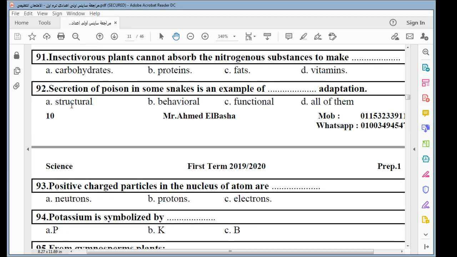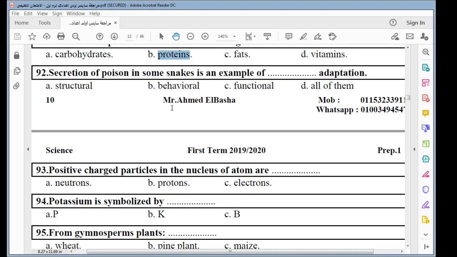91. Insectivorous plants cannot absorb the nitrogenous substances to make proteins. 92.